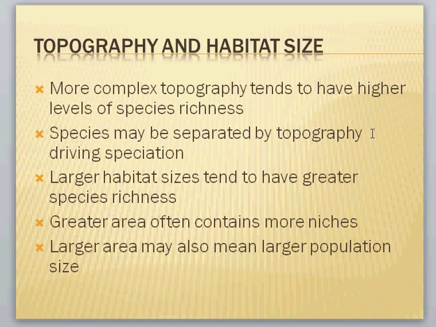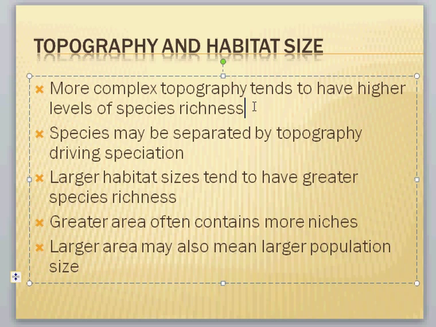So, say for instance, a mountainous habitat will have lowland and upland habitat. So two different types of habitat which will allow greater levels of species richness. Okay, I'm going to put that bullet in there because I think it's important.